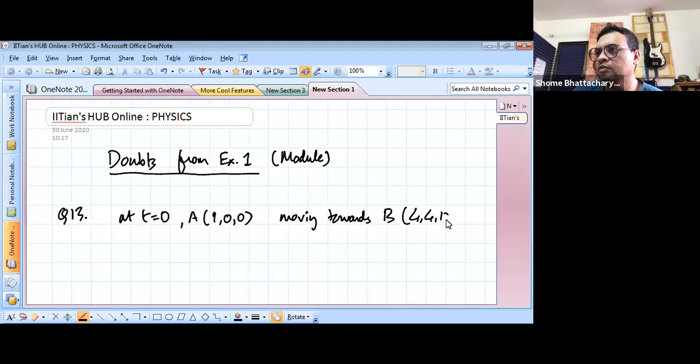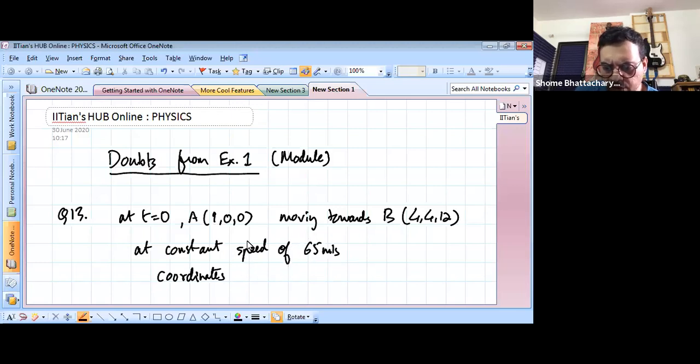Okay, so it is moving from A towards B at a constant speed of 65 meters per second.